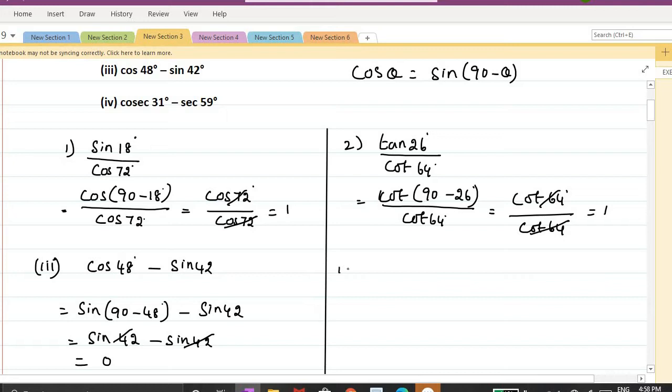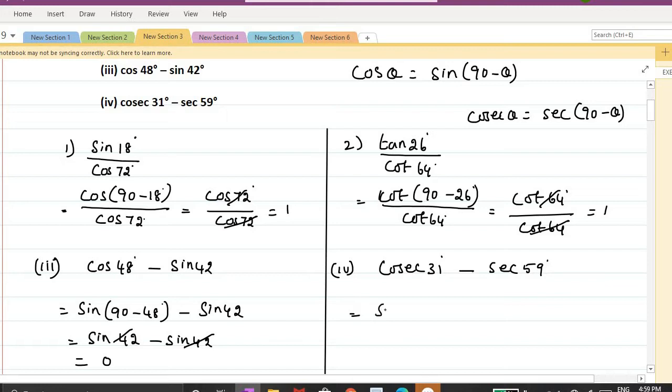Next, the fourth subdivision: cosecant 31 degree minus secant 59 degree. We know that for complementary angles, cosecant theta equals secant 90 minus theta.